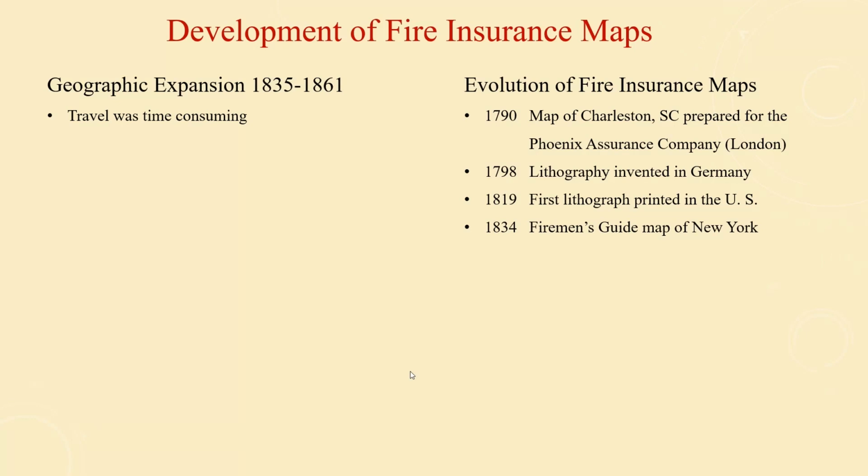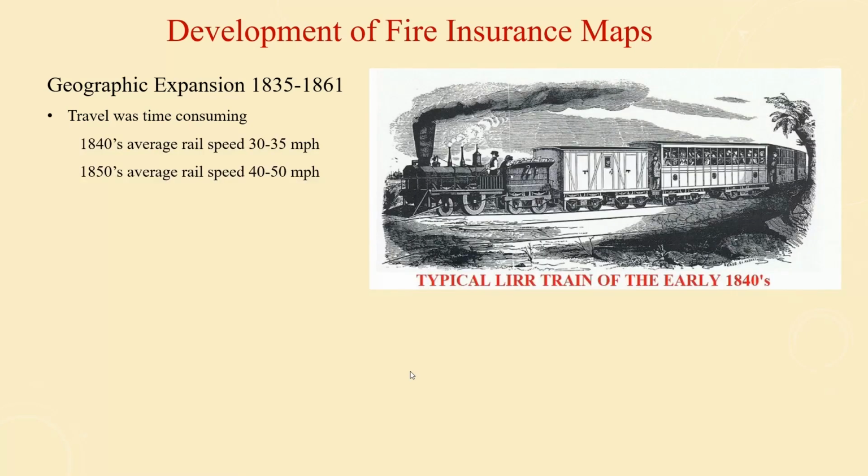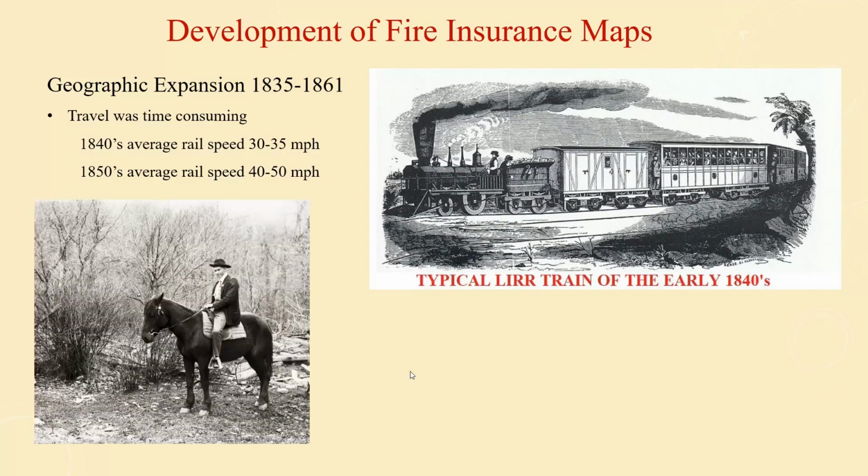The quickest way to get around was by train, but trains were not particularly fast. And those speeds you see there don't take into account having to stop at stations along the way. So the average speed goes way down when you do that. And if you had to go somewhere where there weren't railroad tracks, well, you had to rely on literal horsepower to get there. So getting around was not easy.